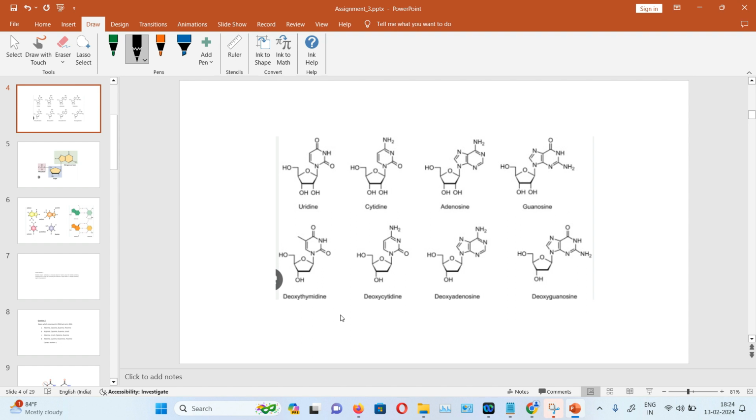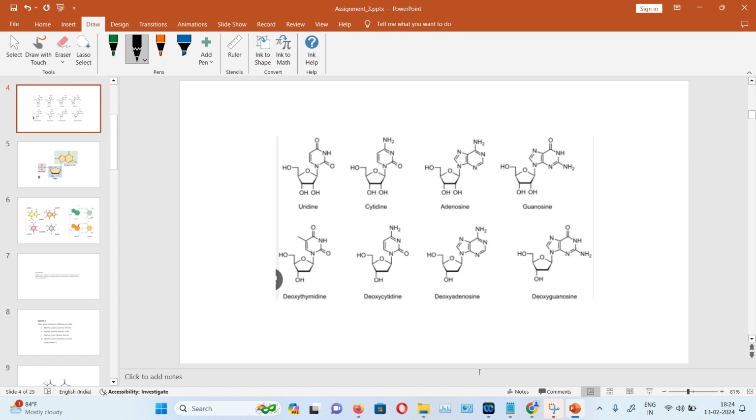So RNA contains uracil, cytosine, adenosine, and guanosine. DNA contains deoxythymine, called thymine, deoxycytidine, also called cytosine, deoxyadenosine, and deoxyguanosine.